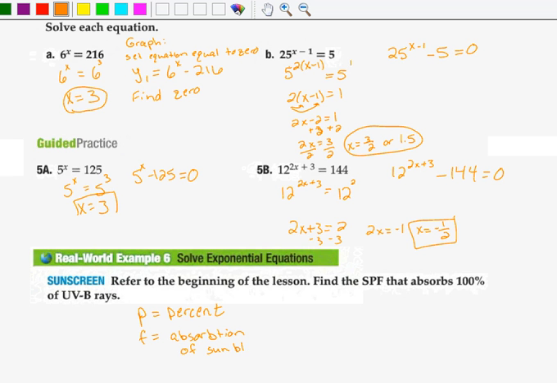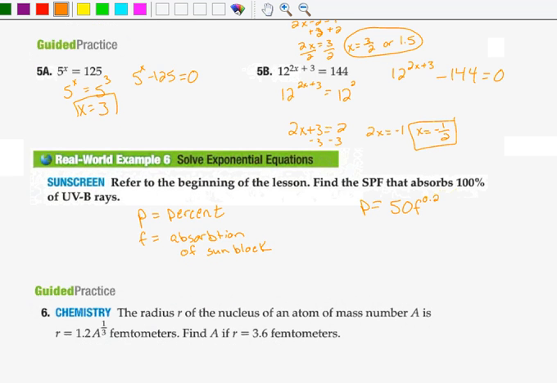Okay, so the formula that they gave us is that the percent is 50 f to the power of 2/10. Okay, kind of a weird type of problem. But it says that we're supposed to find the SPF that absorbs 100% of the UVB rays.